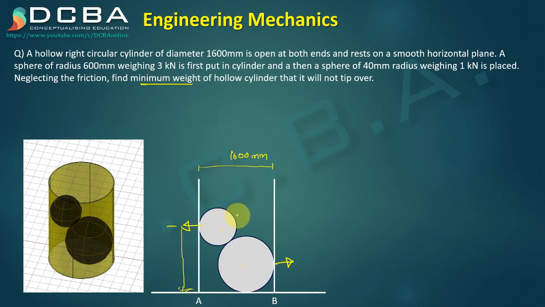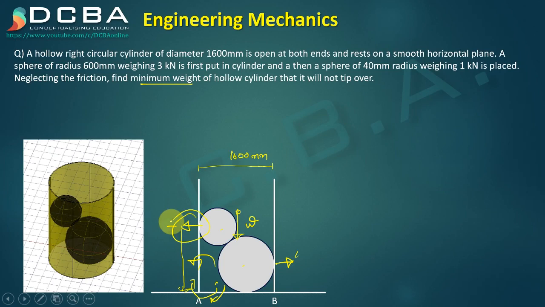This weight of the cylinder will be acting somewhere in between at the centroid of the cylinder. So this is the weight of the cylinder. Okay, this weight would act as a clockwise moment, and this tipping moment is anti-clockwise, right? So this weight and this moment produced by this force, that has to overcome the moment produced by this force.